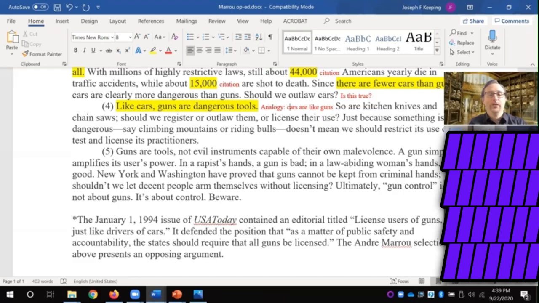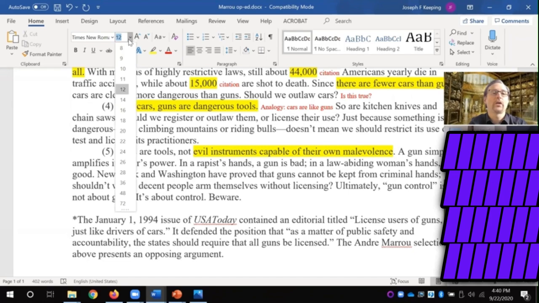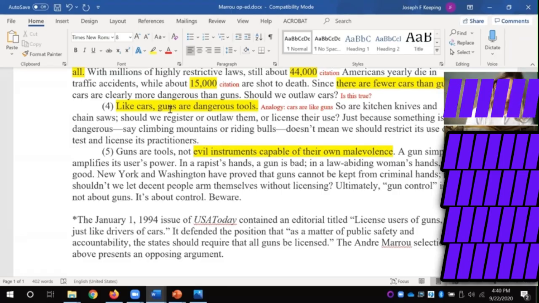No, because no one says this. So what is the point in him saying it here? It's almost like he's trying to produce a caricature of his opponent's position. It's almost like he's saying, see, people restrict guns because they think that guns can shoot people all by themselves.